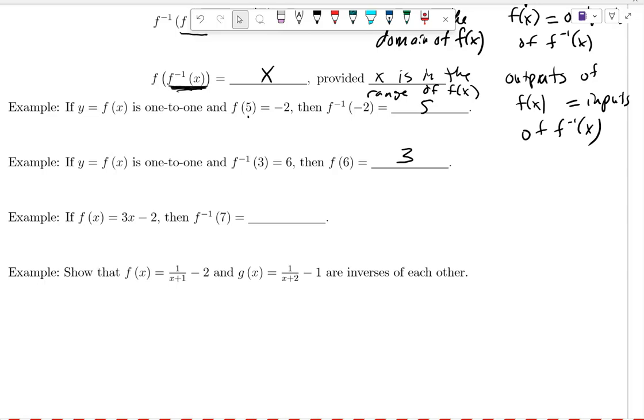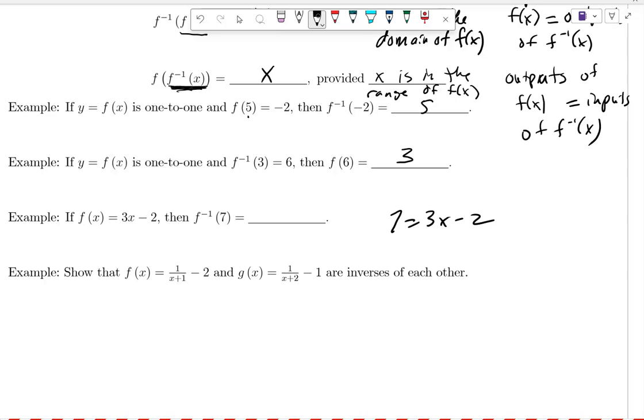So what this is actually asking you to do is solve an equation. This says if the output is 7, what was the input? If you got 7 out of the function, can you figure out what you put in? Well, how did you figure that out? I created the inverse by switching the y and x. I mean, it would have been easier as just putting it as 7 equals 3x minus 2. There we go. Yeah.